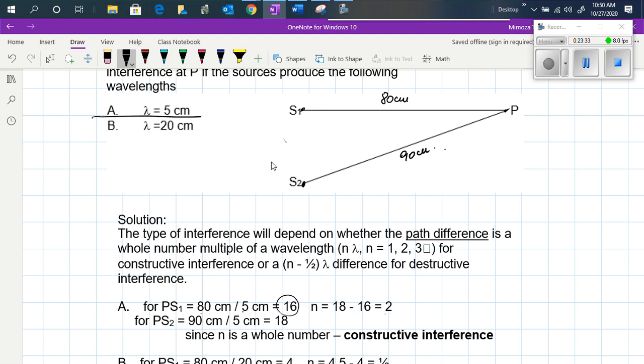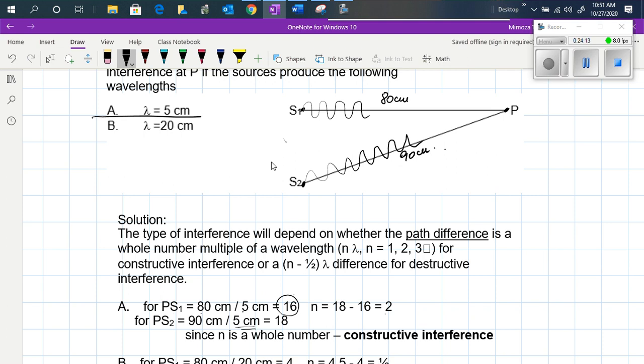So in the first case, when the wavelength is 5 centimeters, if you divide the distance PS1 by 5, you will get 16. That number means that you will have the wave 16 times here. And when you divide the distance by the wavelength of 5 centimeters for wave 2, or source 2, you will see 18 times.